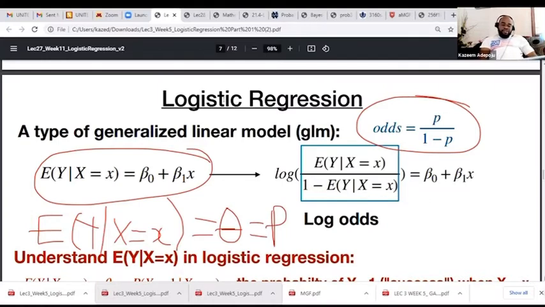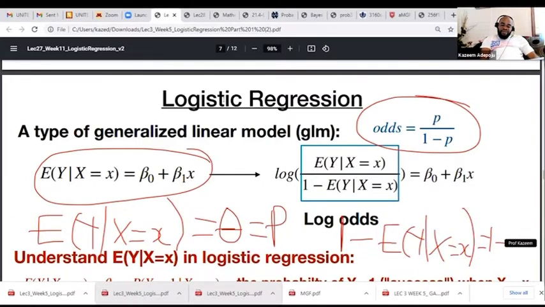The probability of failure is going to be 1 minus the expected value of y given x, which is the same thing as 1 minus theta, which is also the same thing as 1 minus p. Now, if I want to do the ratio of p to 1 minus p, that's going to be called the odds ratio.